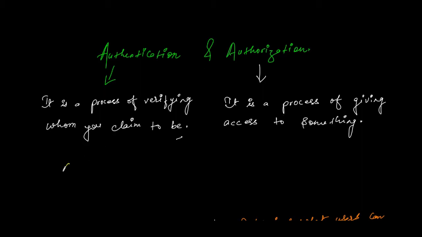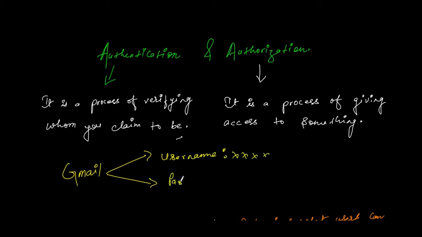Okay, you must have a Gmail account. When you want to see all the emails in your Gmail account from a new browser in a computer, laptop or mobile, where you are signing in for the first time, what does Gmail do first? They ask for the username and password to be entered correctly, right?